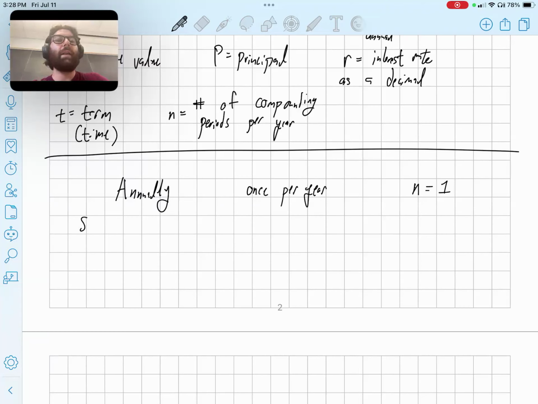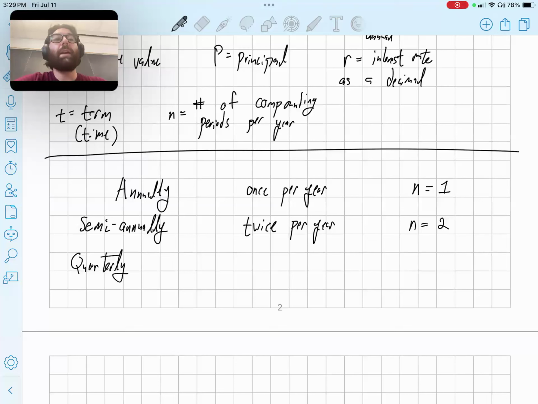We could compound semi-annually. This would be twice per year. This corresponds to N equals 2. We could compound quarterly. That's once each quarter. Well, we have 4 quarters per year.